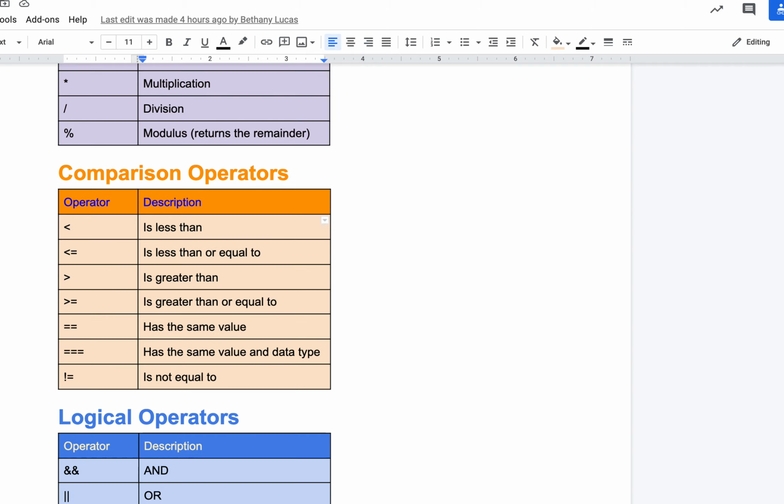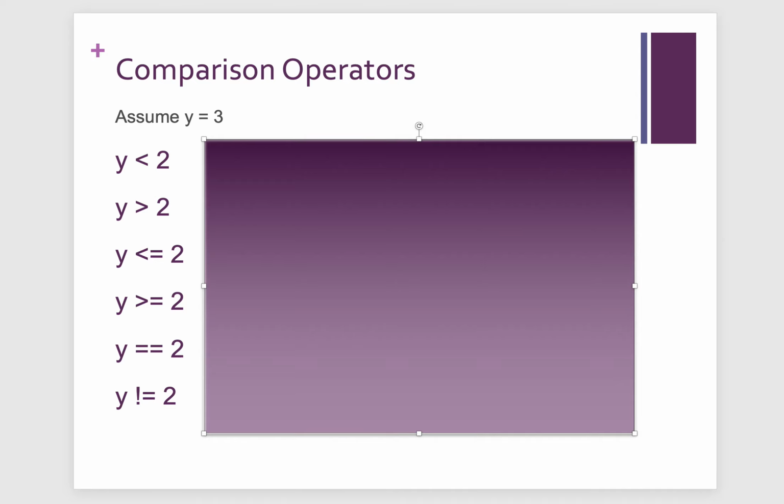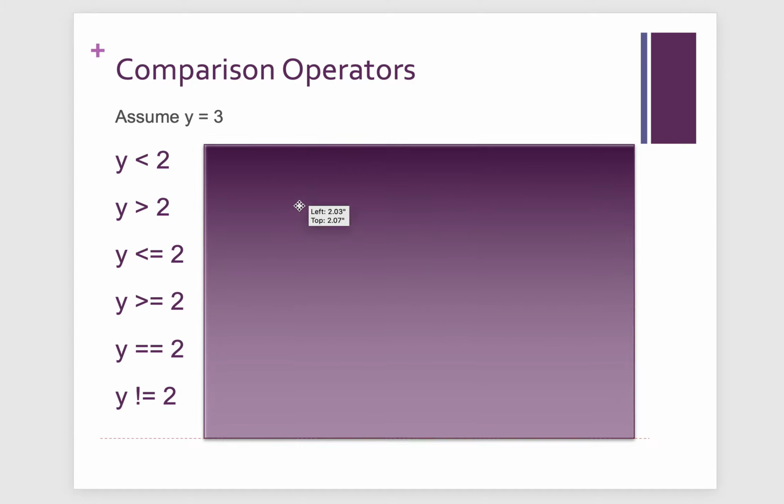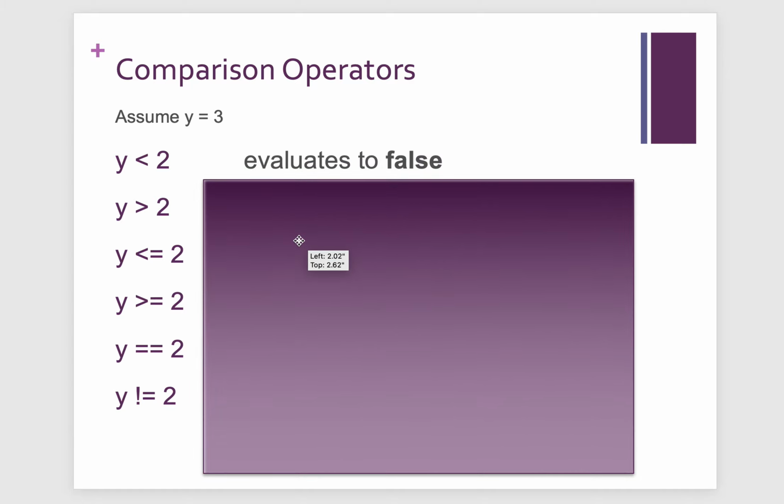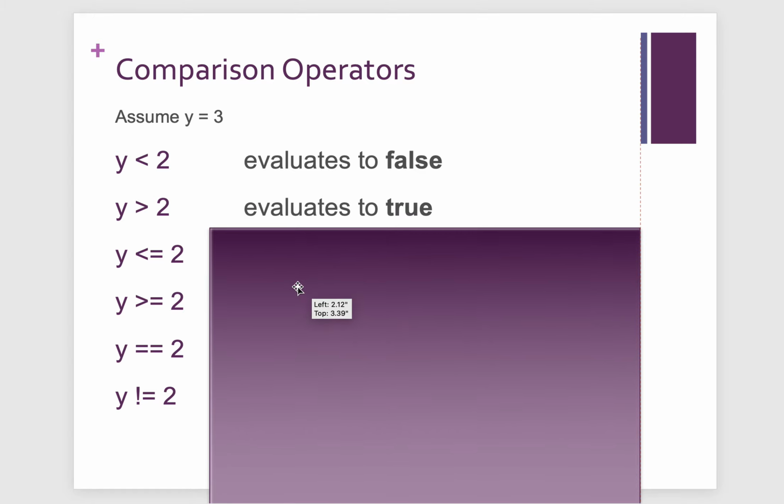Okay, let's look at what some problems with this would look like. So let's assume that y has the value of 3. Is y less than 2? That is false. Y is not less than 2, so that's false. Is y greater than 2? Well, that would evaluate to true. Is y less than or equal to 2?